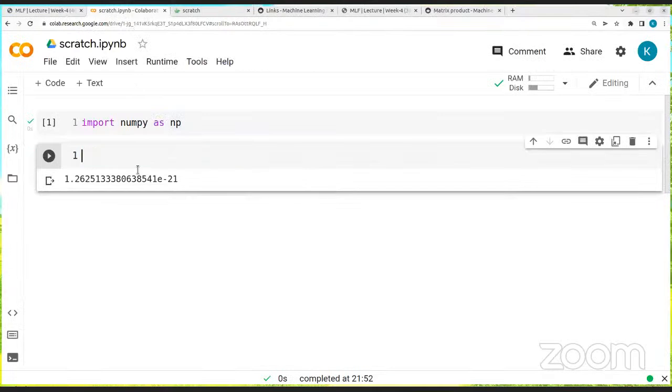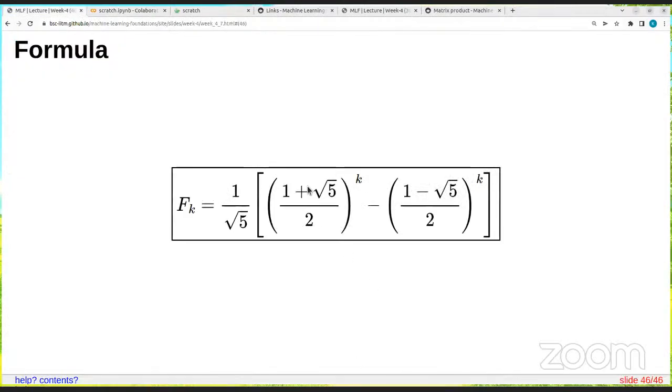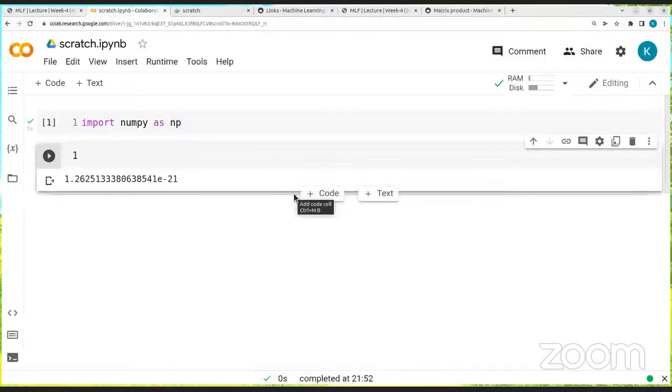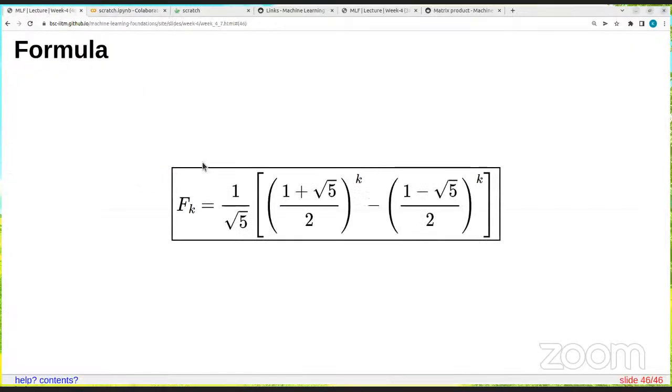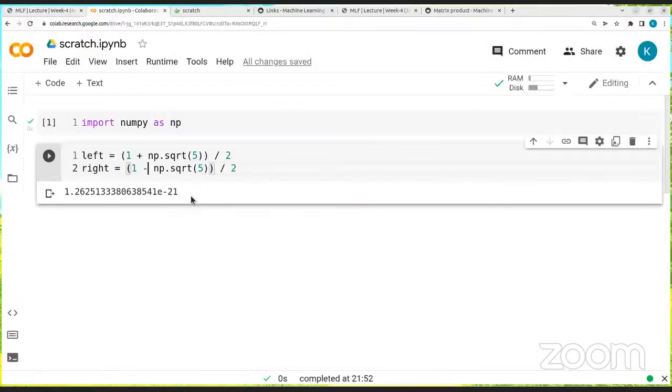So I'll call this left: left is 1 plus root 5 by 2. Right is 1 minus root 5 by 2.